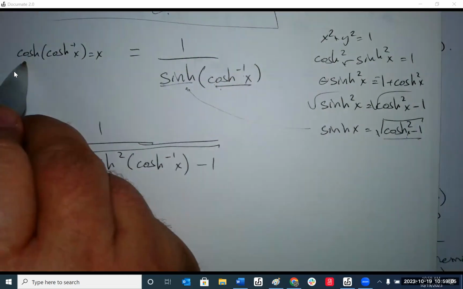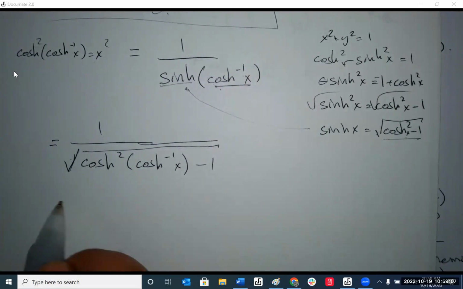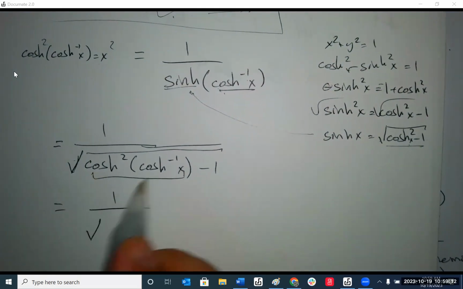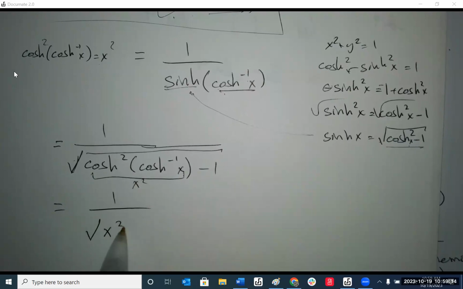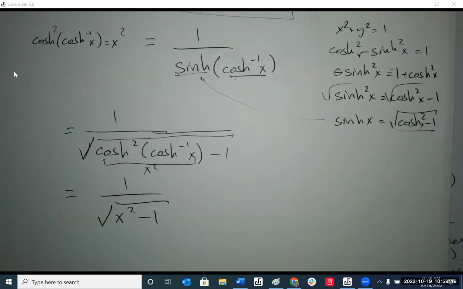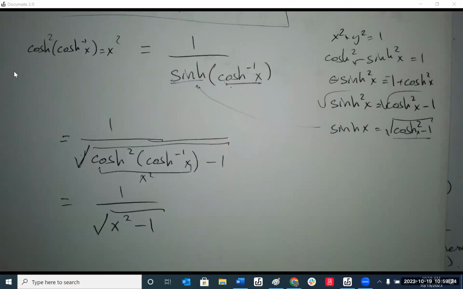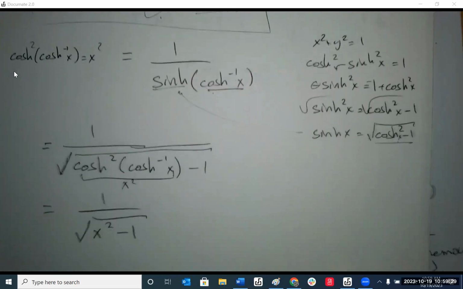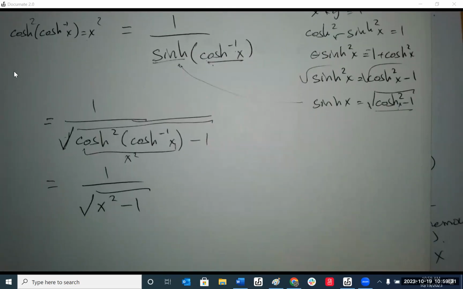And because cosh is squared, it means cosh inverse x is squared. So this becomes x squared minus 1, which is what we're looking for. So there you have it: 1 over square root of x squared minus 1.